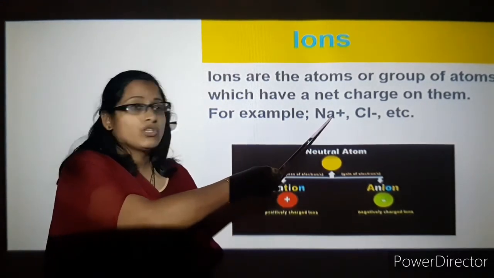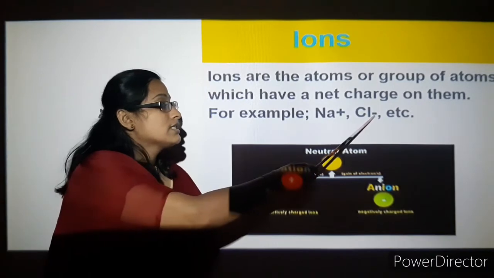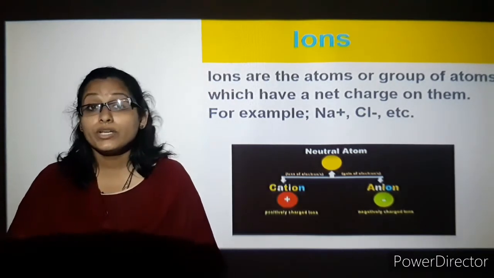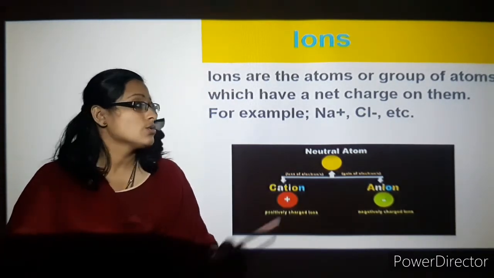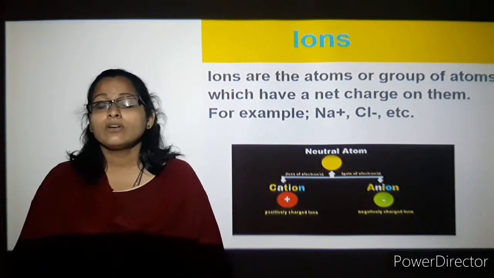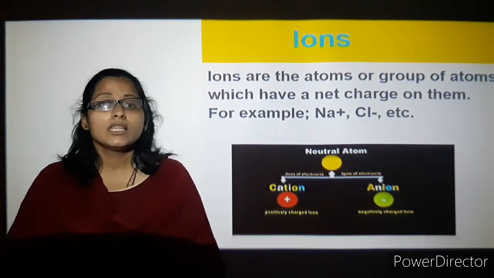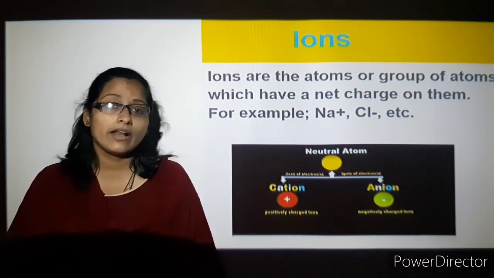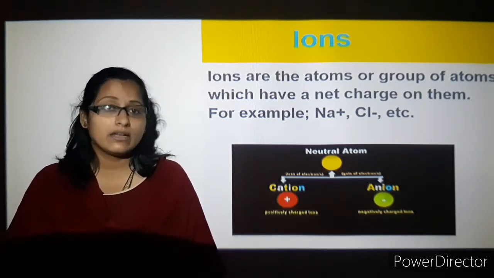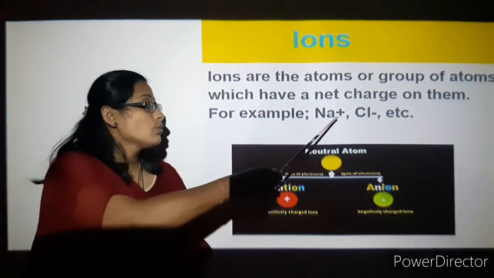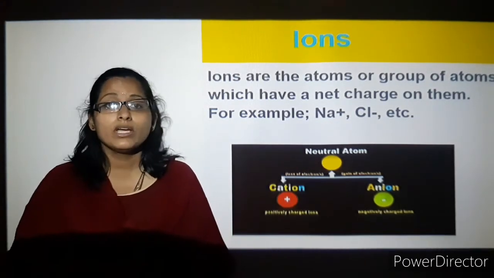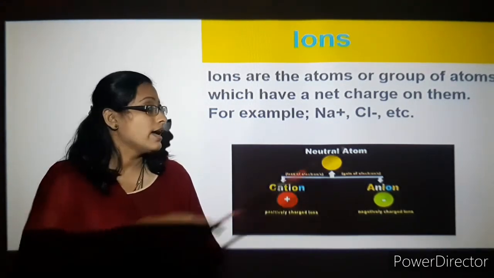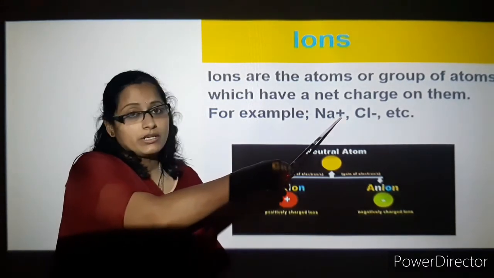Sodium is positive, chlorine is negative. Why is sodium positive? Sodium is a metal, so it is always the donor, or shares its electrons with the non-metals. When we give to others, we are positive in nature, hence sodium is positive.